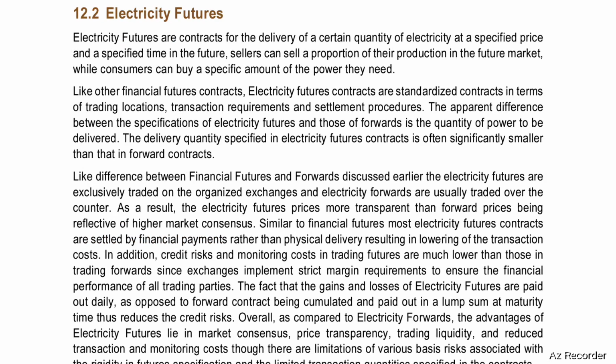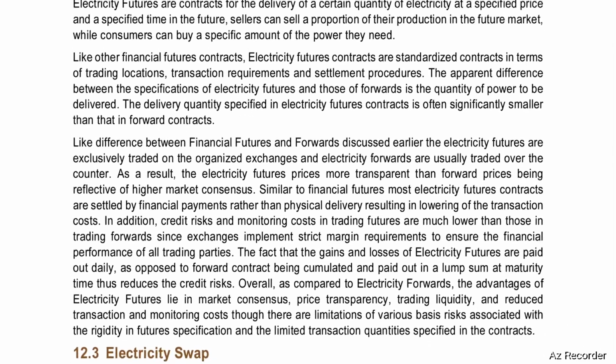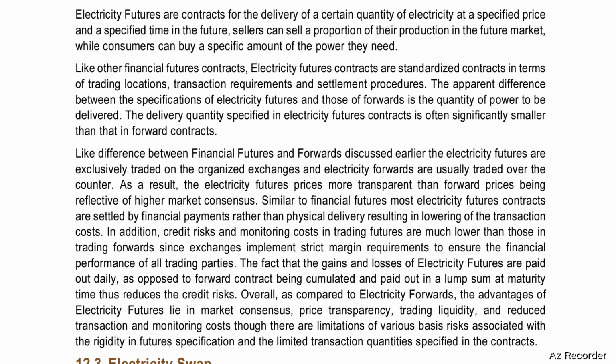Next, electricity futures. Electricity futures are contracts for the delivery of a certain quantity of electricity at a specified price and a specified time in the future. Sellers can sell a proportion of their production in the futures market, while consumers can buy a specified amount of the power they need.